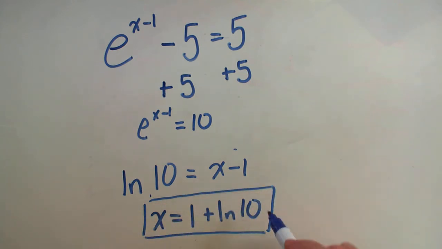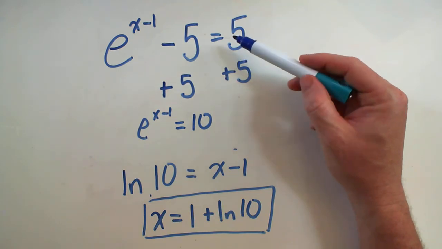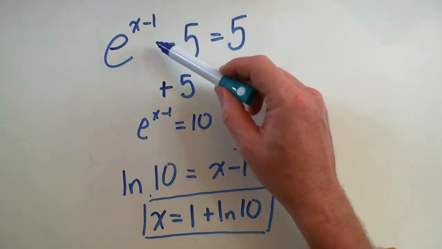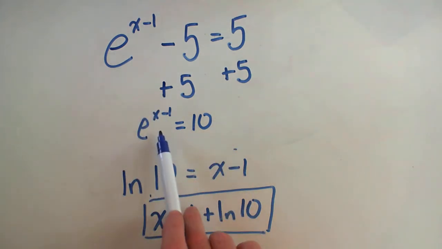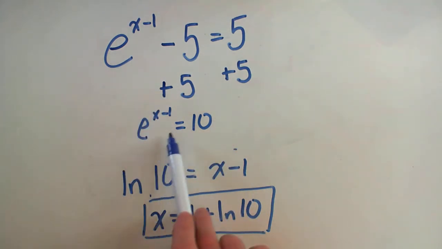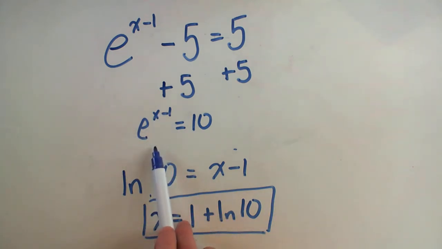So the idea there is to take the equation, isolate whatever base and exponent you've got by itself, and then use logarithms to complete the problem.